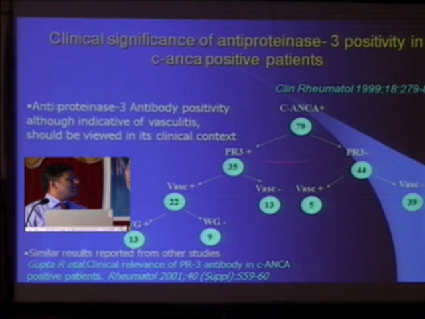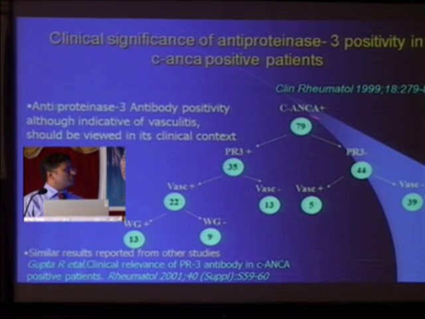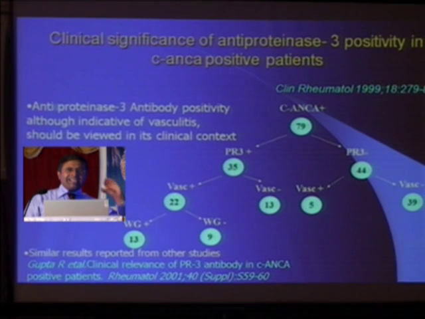They looked at almost 80 patients who were C ANCA positive and found that even among the people who are proteinase 3 positive, only 13 finally turned out to be Wegener's granulomatosis. So there is a lot of false positivity. So in a given clinical scenario, ANCA is useful, but it must be confirmed by ELISA. I think that should be the only message which should go through.